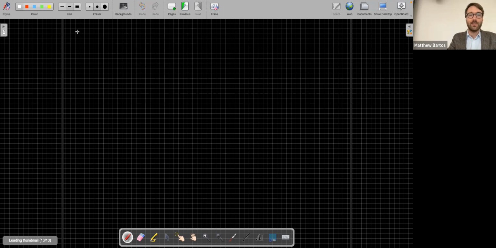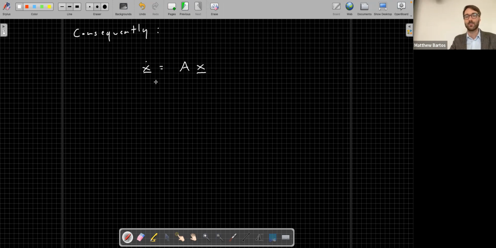So what this shows us is that for the case of an LTI system, if we have some LTI system x dot of t is equal to a times x of t, so this is just the homogeneous LTI system, what does that imply about the solution to this system?